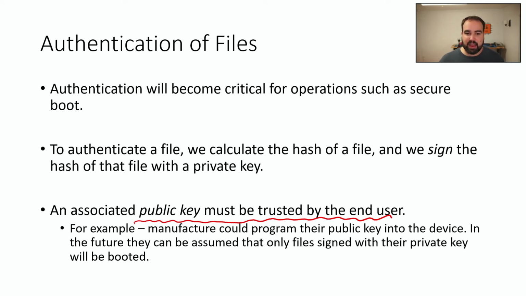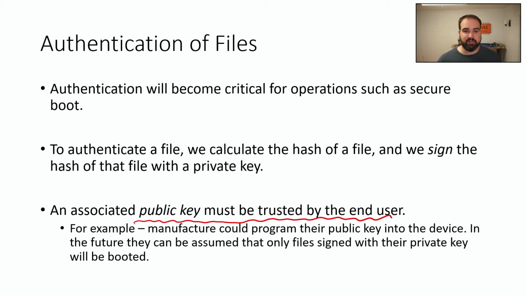And basically any file that validates with that public key will then be used. And the only way a file will be validated with that public key is if it was previously signed with the associated private key.